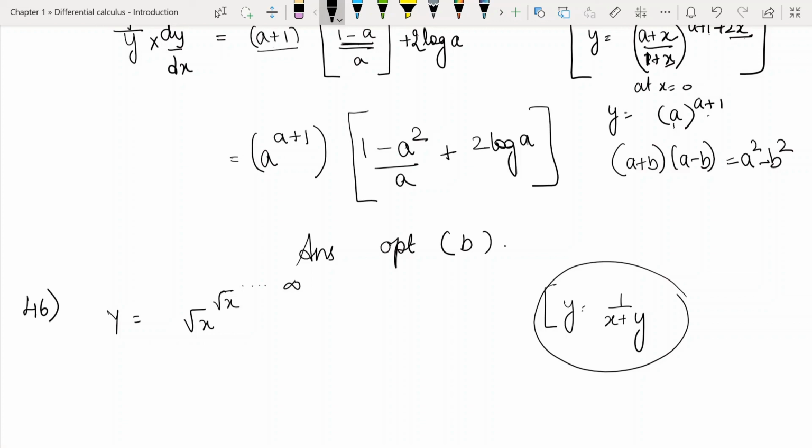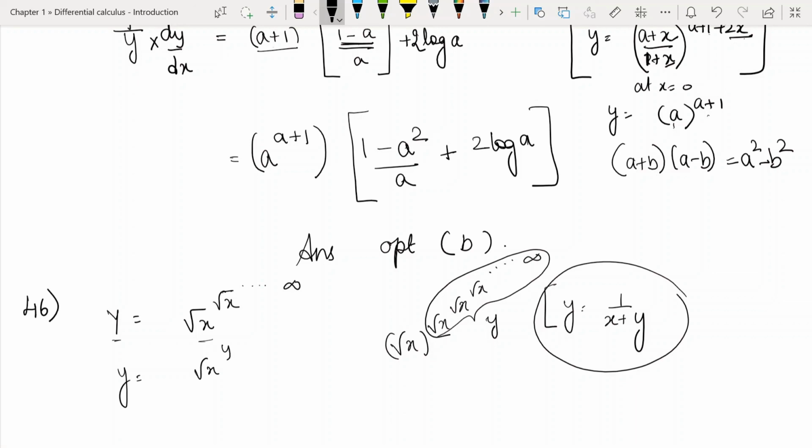This is what we are going to do in this question also, because this is nothing but root x power root x power root x power root x. It goes on like this up to infinity. So what do we do with all these powers? We are going to call all of this y, because y is nothing but root x power all of that. So the next step is y is equal to root x power y.